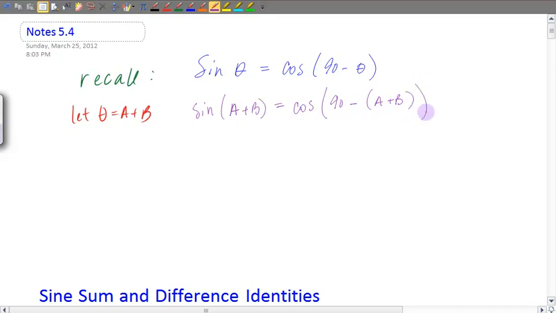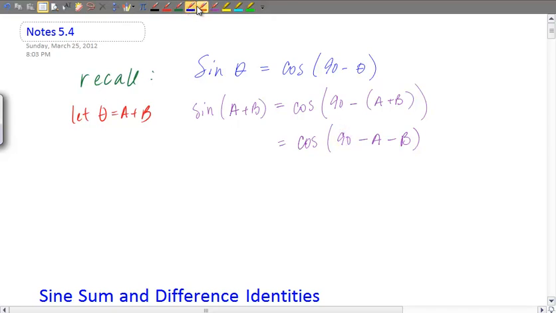And I think I'm going to simplify the information inside of this parenthesis, so it becomes the cosine of 90 minus a minus b.